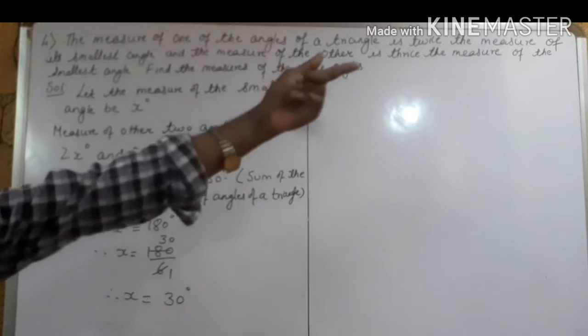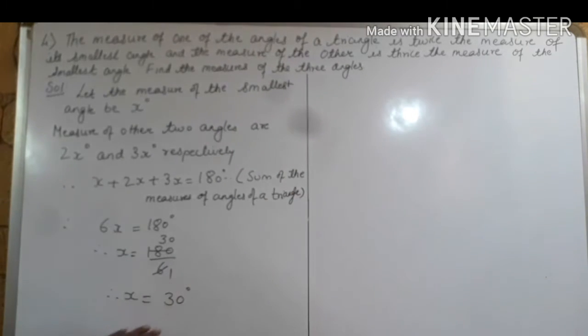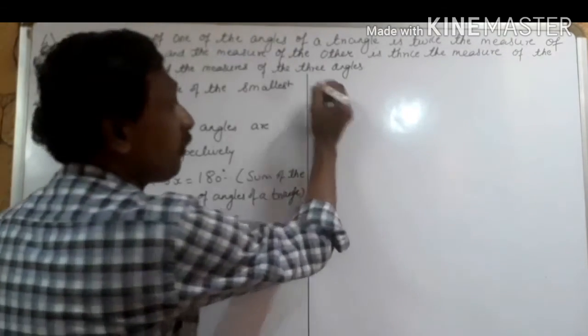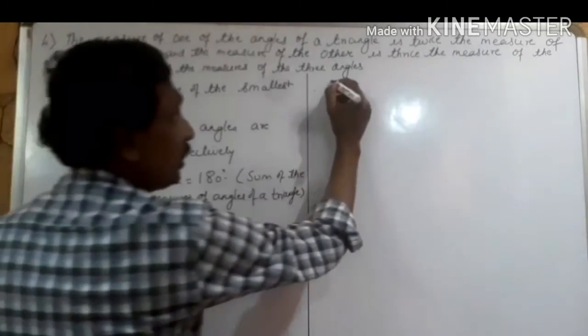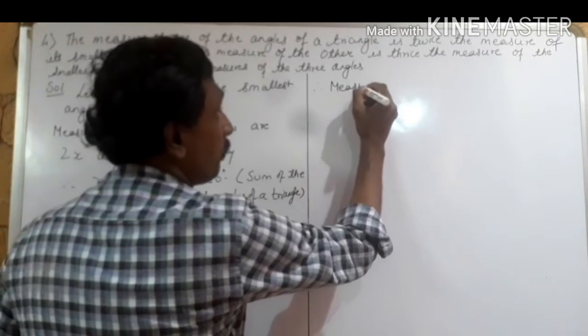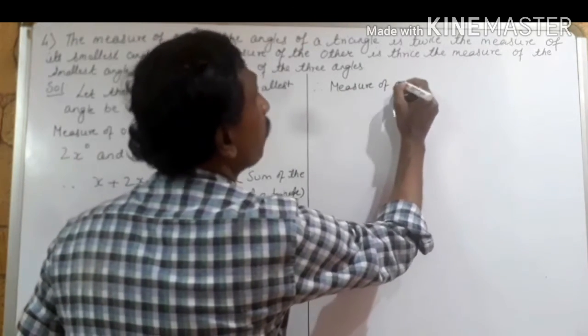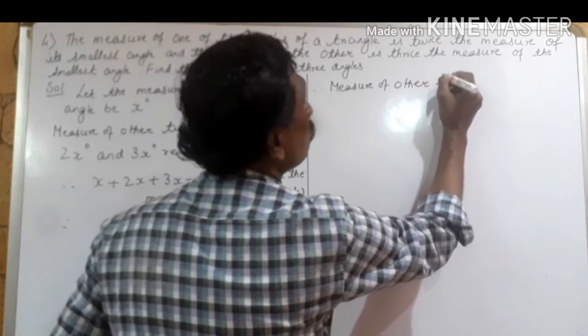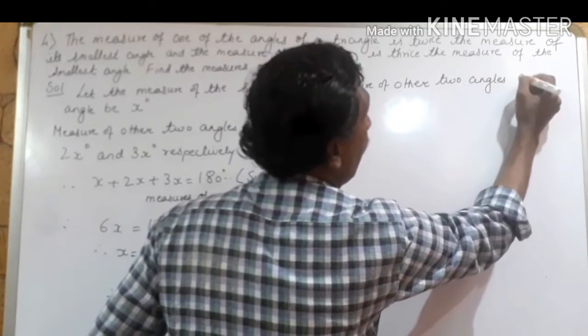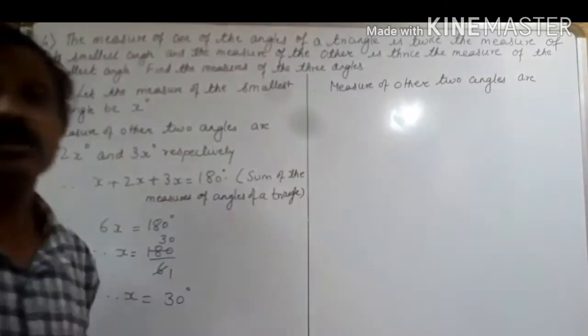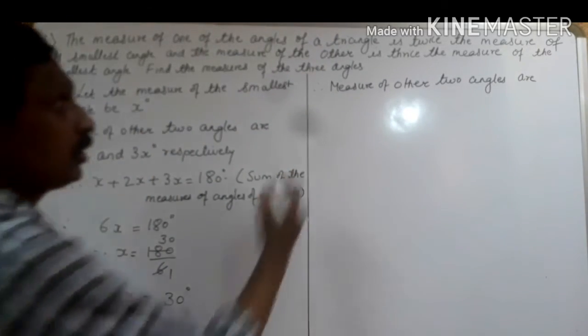So, the measures of the other two angles. One angle is 30 degrees, but what are the measures of the other two angles?